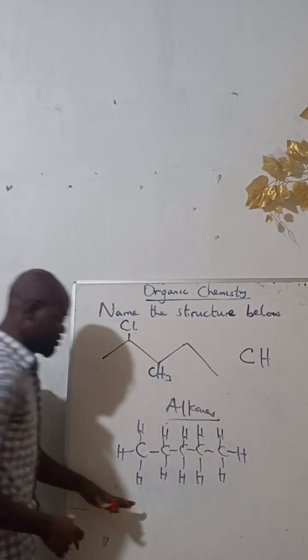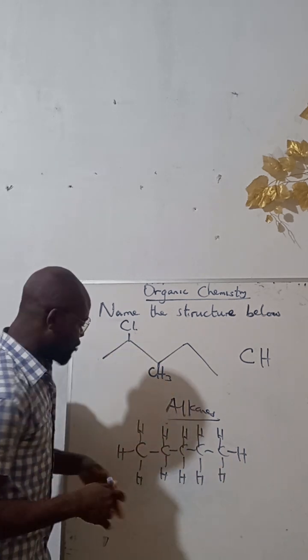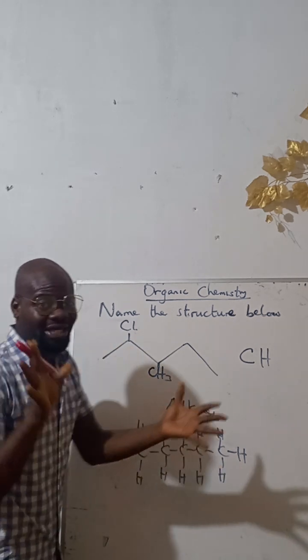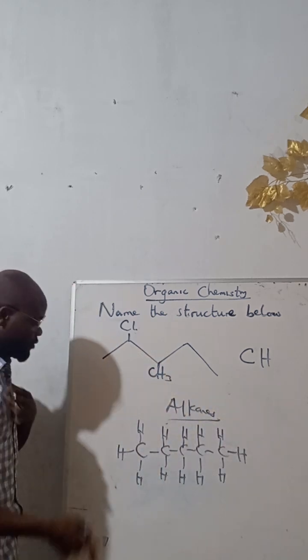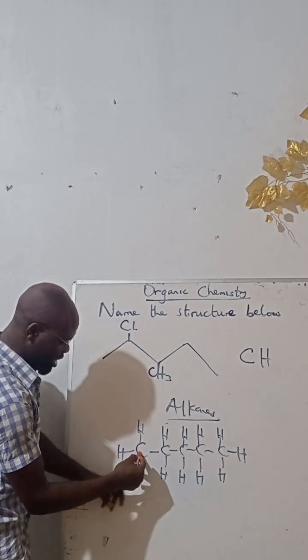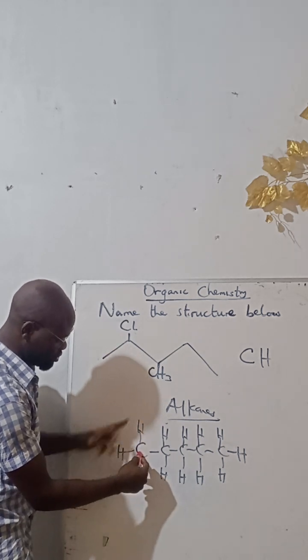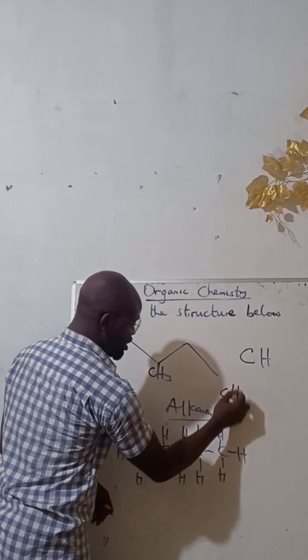If I want to write this in a condensed form, I will do it this way. That means I want to make it more condensed, not expanded. So what will I do? I say C, we have 3 H: 1, 2, 3. So I have one C and 3 H, that's H3.